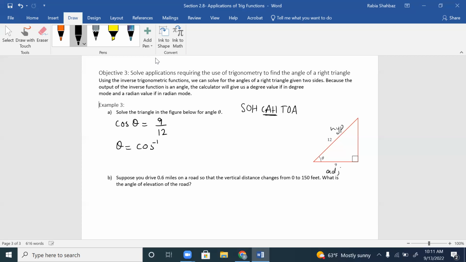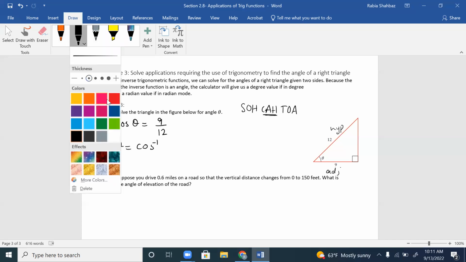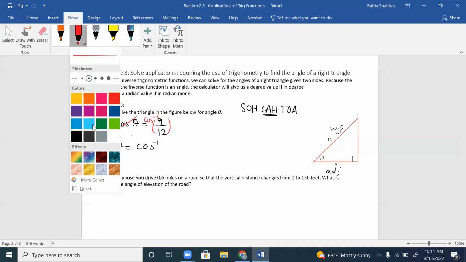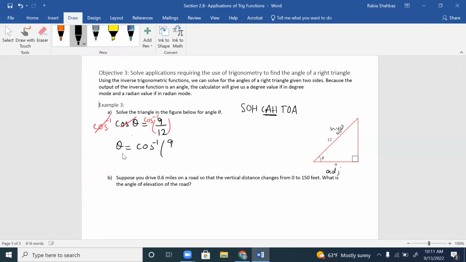So here I'm going to do the cosine inverse in order to get rid of this cosine. I just tell students, you know how you do the inverse operation when you're solving. So cosine and cosine inverse cancel, and here you have cosine inverse of 9/12. You could simplify that, or you could just put it in the calculator and the calculator can still give you the answer.